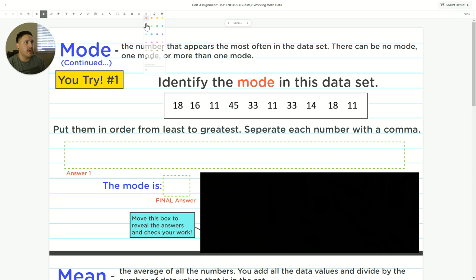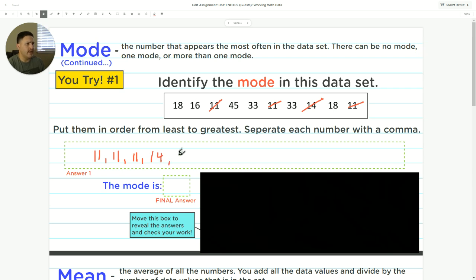Okay, so starting with putting them in order from least to greatest. I'm going to look through my numbers, and I see that the least is 11. So I'm going to start out with 11, 11. I got 3 of them here. And then after 11, I think I see 14.